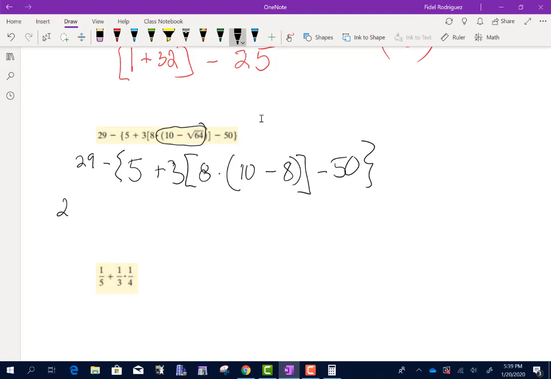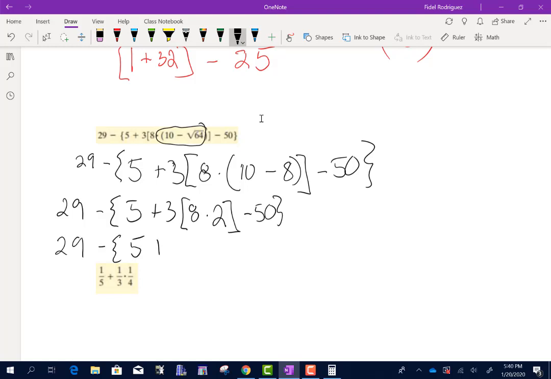So 29 minus 5, 3. Here's my 8 times, let's see, 10 minus 8 is 2. Okay, 29 minus 5 plus 3 times, let's see, 8 times 2 is what, 16?